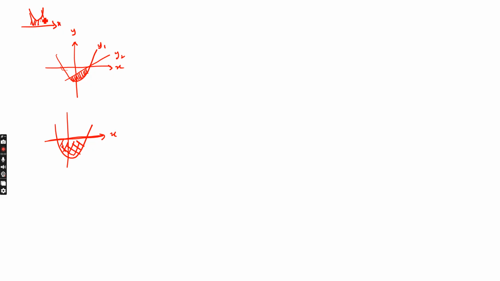If you have a quadratic like this, your shaded area should also be towards the x-axis. So for our case here, it is this one, which is towards the x-axis. So this is your shaded area for the quadratic.